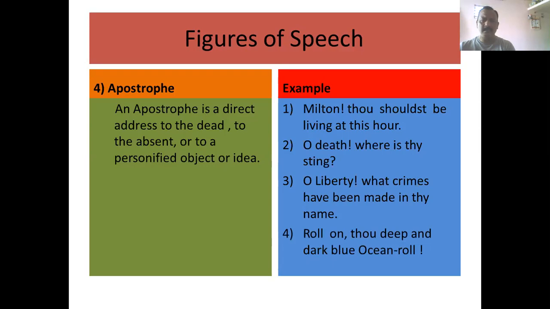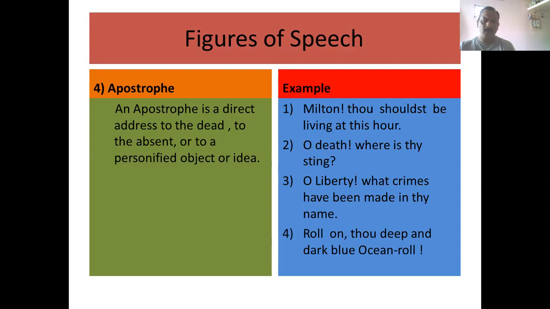Then the last example of apostrophe is there. Roll on, thou deep and dark blue ocean, roll. Now the poet is addressing the ocean, as if she can hear it, he can listen to it, or he can follow the orders of man.